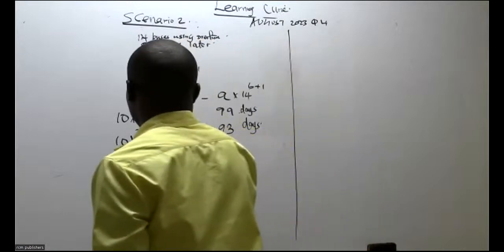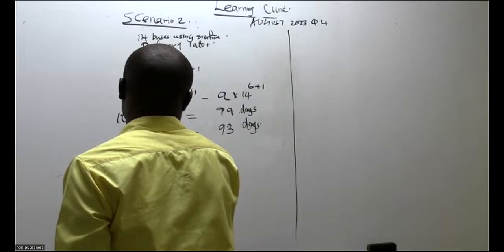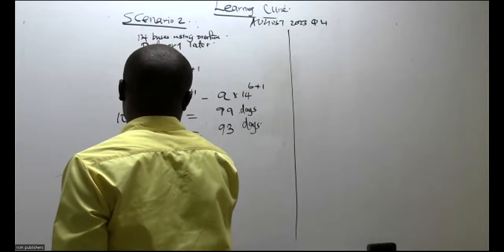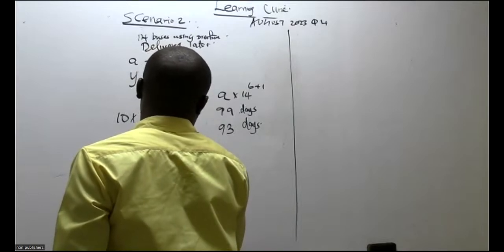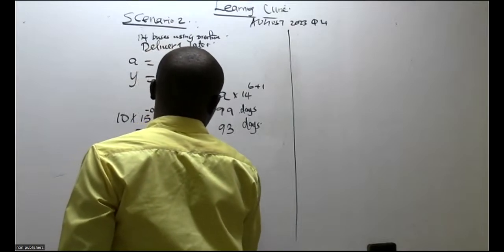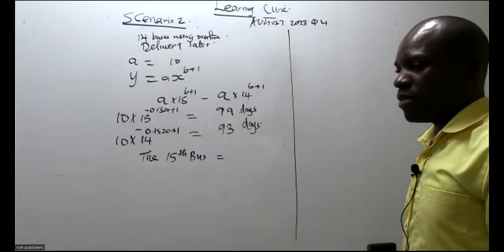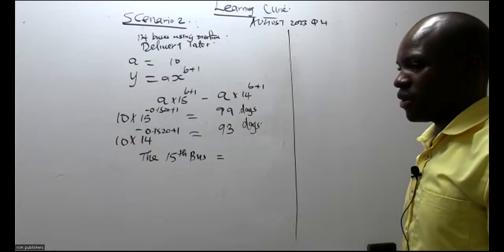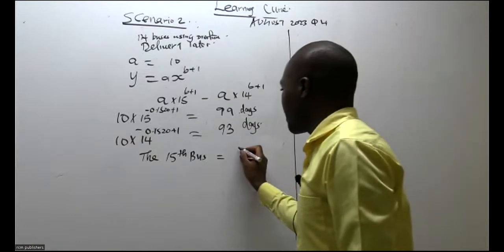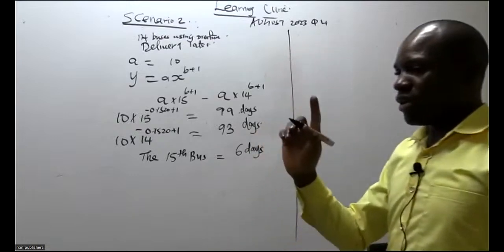So the last bus, the bus to be delivered later, is the 15th bus. How many days will it take to produce the 15th bus? It will take us 6 days. That's a new thing being introduced.